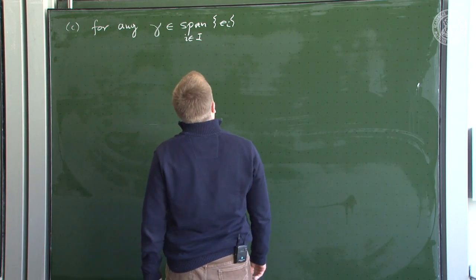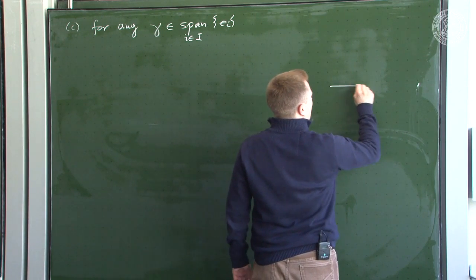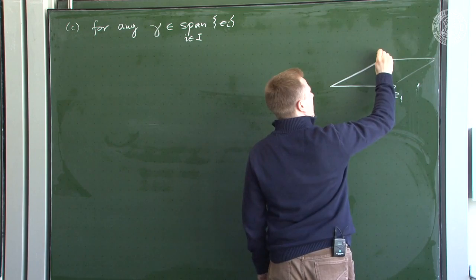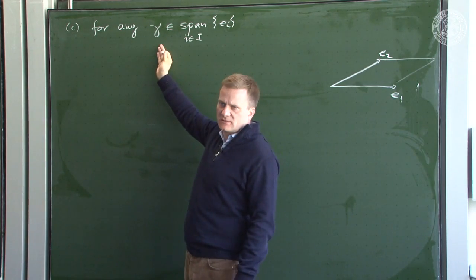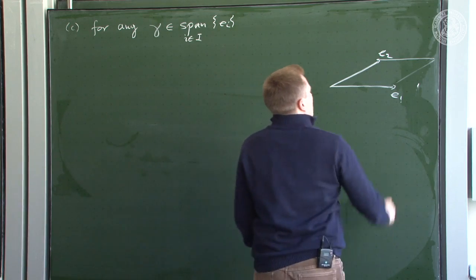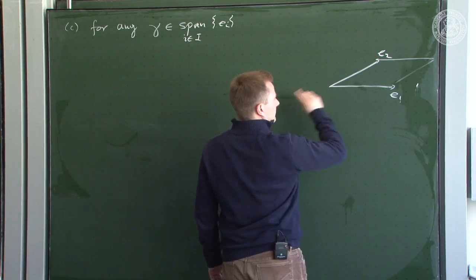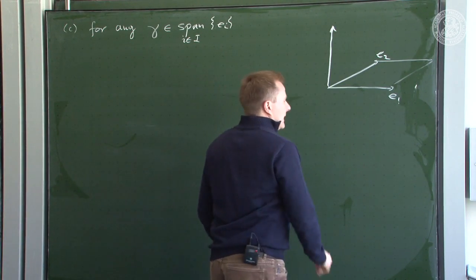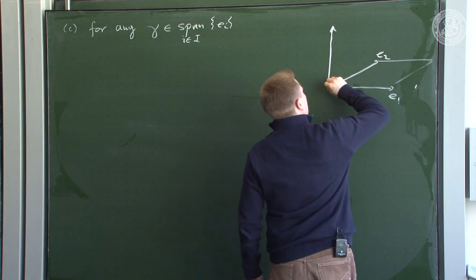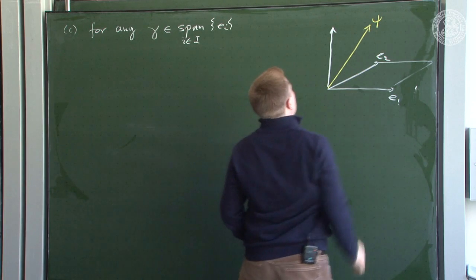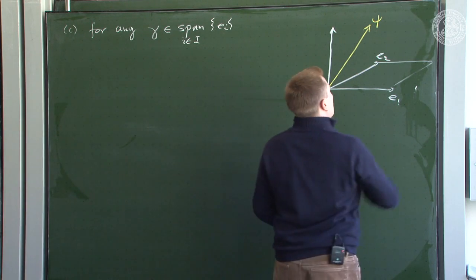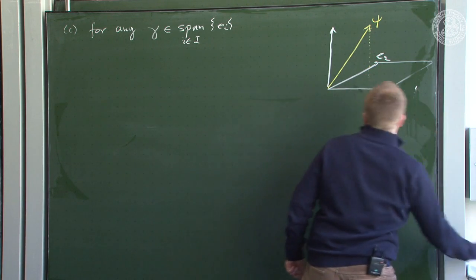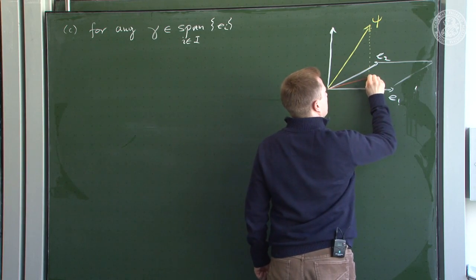For any gamma in the span of the e_i, let me just draw a finite dimensional picture in order to see what is meant here. So if this is e1 and e2, but the point is that this holds for infinitely many e_i. If I have two e's and say I'm in a three-dimensional space in total, then I can look at a particular vector psi, as we usually do, and you can consider the projection of this psi down here into this span.